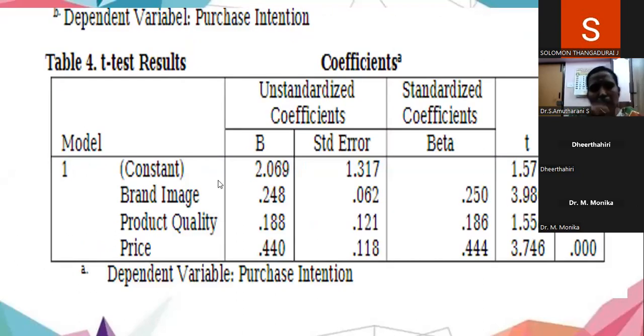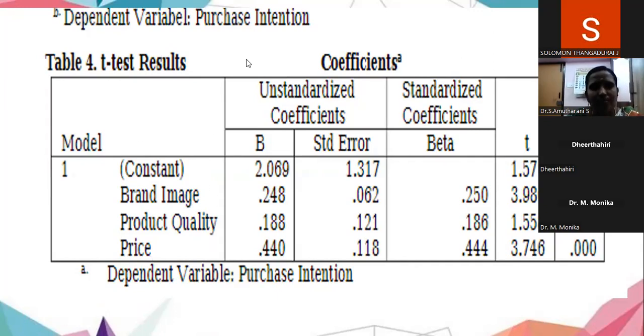Let us see the PPT. There are four variables. Through multiple regression by using SPSS, here we can take only one dependent variable, that is purchase intention. This analysis helps to know the relationship between brand image, product quality, price on purchase intention. But when we are using more than one dependent variable, can you say there is one more dependent variable in this analysis?